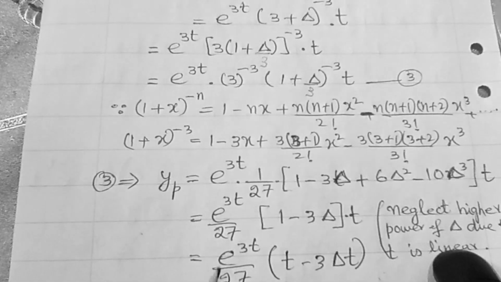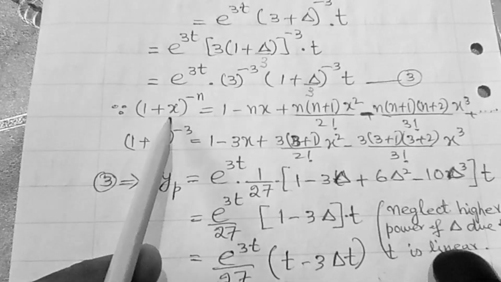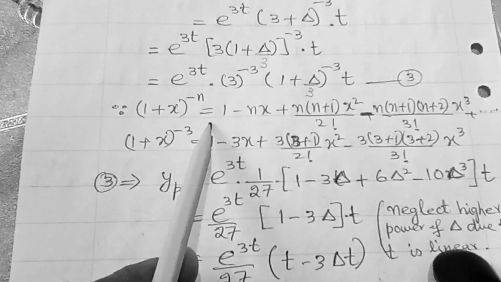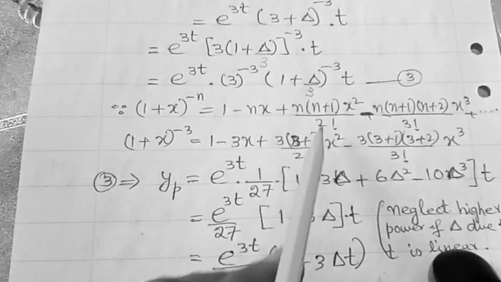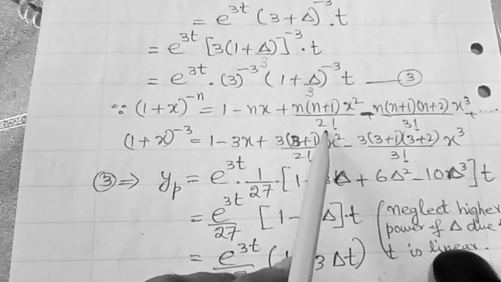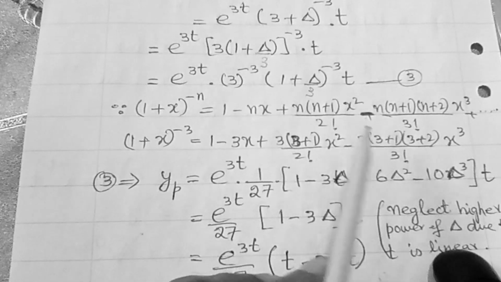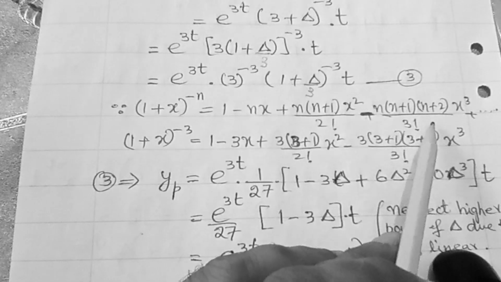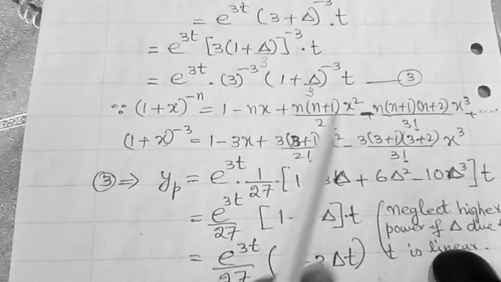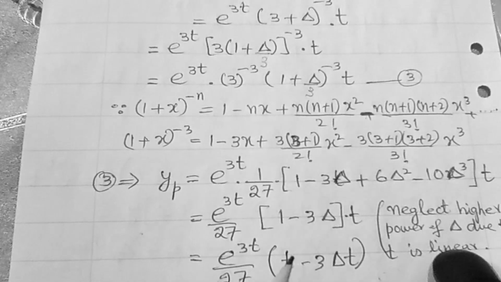So according to this formula, 1 plus x raised to the power minus n is equal to 1 minus nx plus n into n plus 1 x square upon 2 factorial minus n into n plus 1 into n plus 2 x cube divided by 3 factorial, and so on. So we will use the alternating sign.